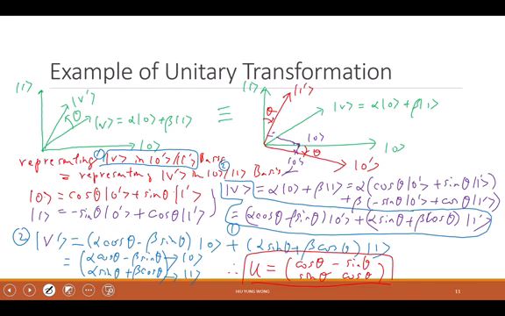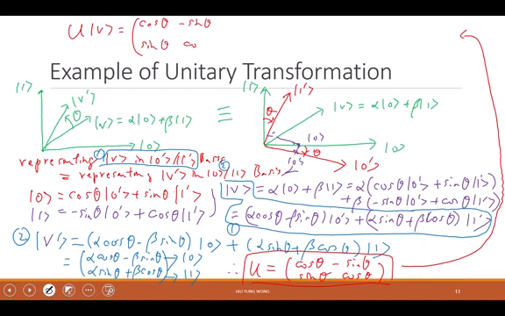This is the U for this rotation. How do I get it? I need to show you, but here we are going to check. I don't have enough space. Let's try to apply U to V. What is U again? Cosine theta, negative sine theta, sine theta, cosine theta.